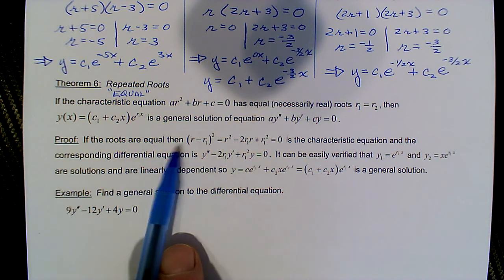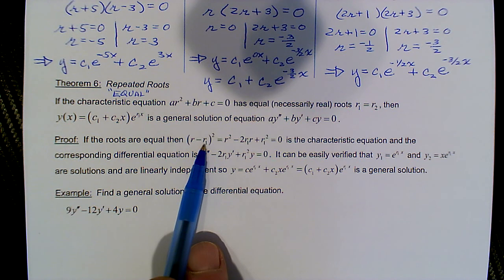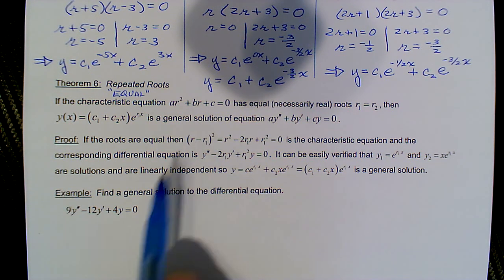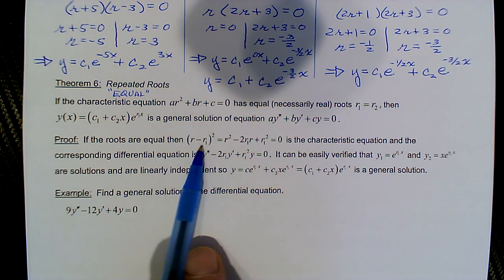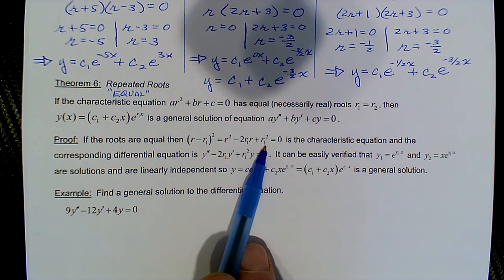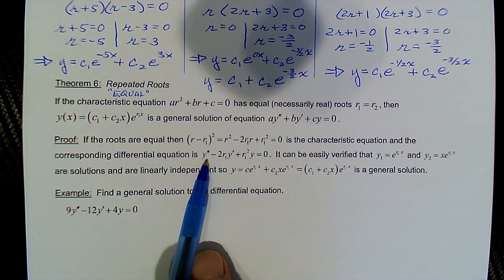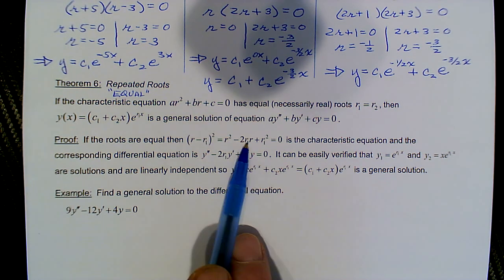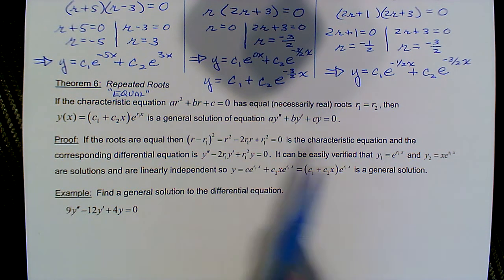If the roots are equal, then we basically have r equaling r1 twice. So it would mean that r minus r1 quantity squared would be the characteristic equation. And if we FOIL this out, we get r squared minus 2r1r plus r sub 1 squared equaling 0 as the characteristic equation. And consequently, this would be our corresponding differential equation, where the r squared is y double prime, r is y prime, and we've got a y in there, really an r to the 0, right?